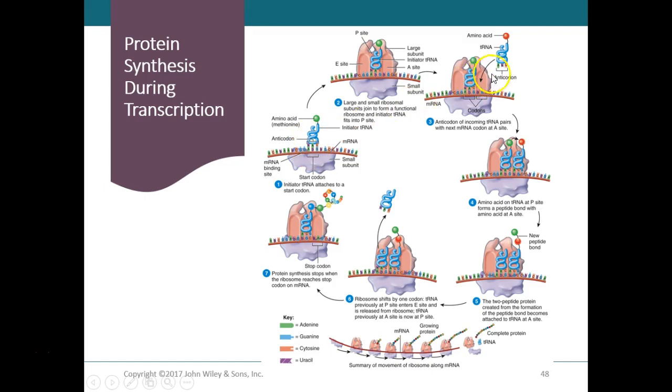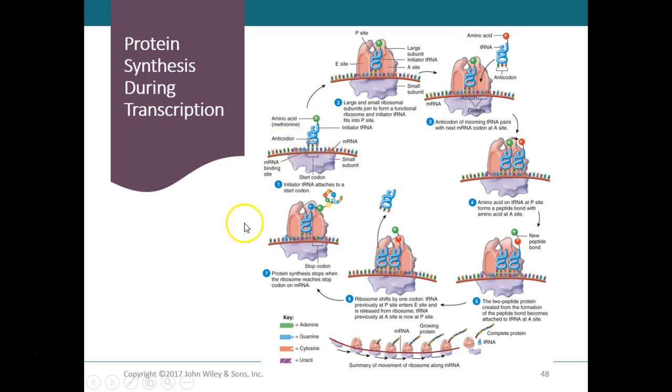We've got to have a tRNA that's got a UAC, that's going to complementary base pair with this codon. So your codon complementary base pairs with an anticodon, that's just the 3 nucleotides that are attached to your tRNA.